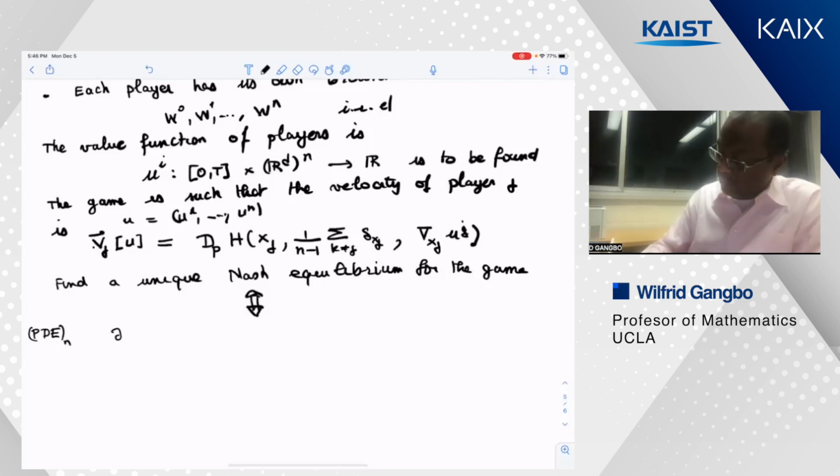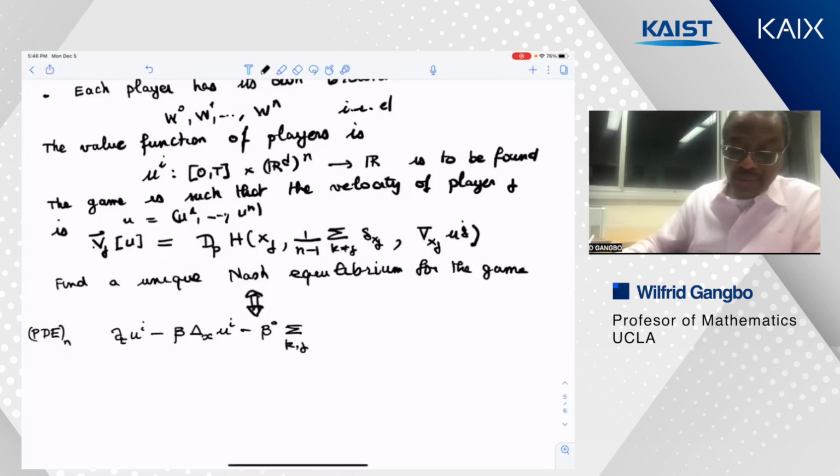It will be the derivative with respect to time of u_i minus beta, the Laplacian with respect to all the variables of u_i, minus beta naught. This will be an elliptic operator, which is degenerate.